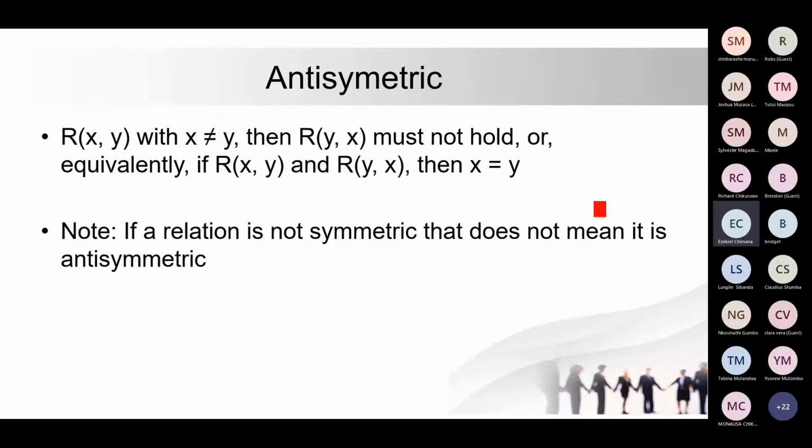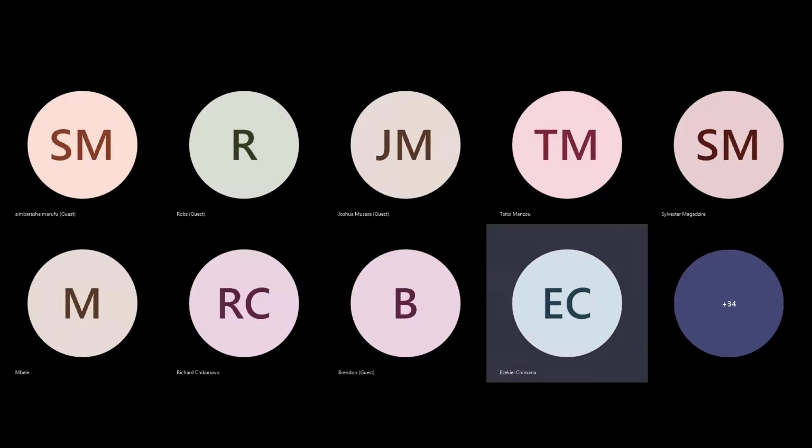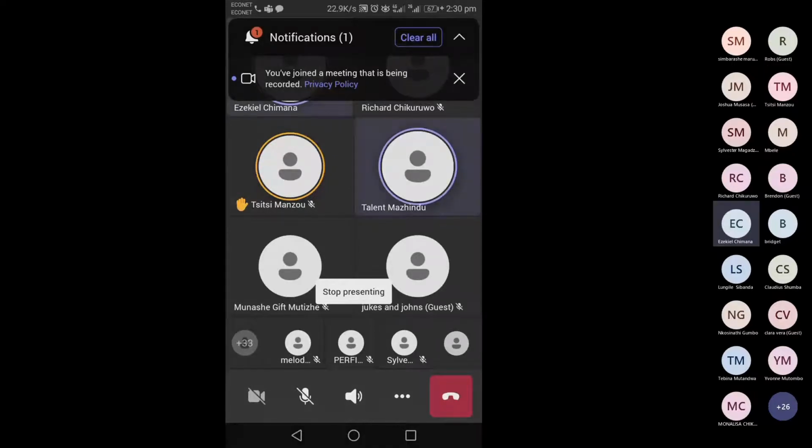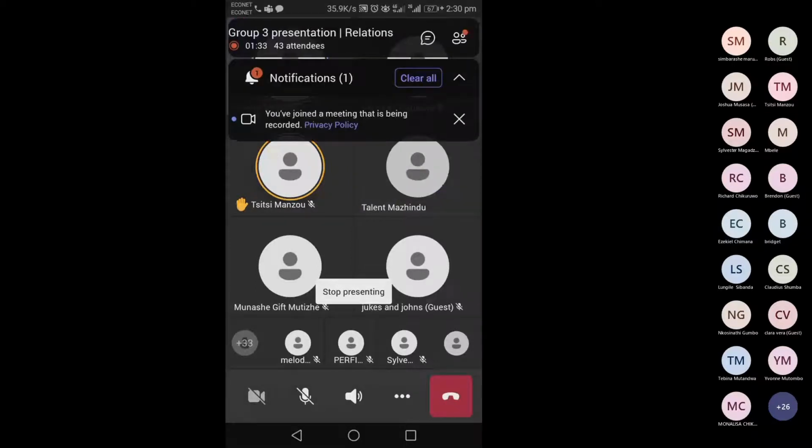In an equivalence relation, there is no anti-symmetric, there is only reflexive, symmetric, and transitive. Yes, sir. So I think it's a point that you have missed there. Yeah, questions for all. It's okay.